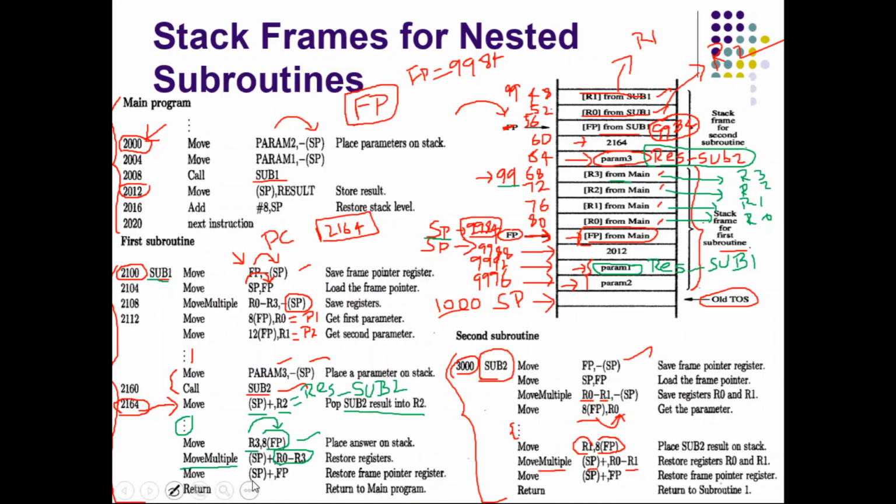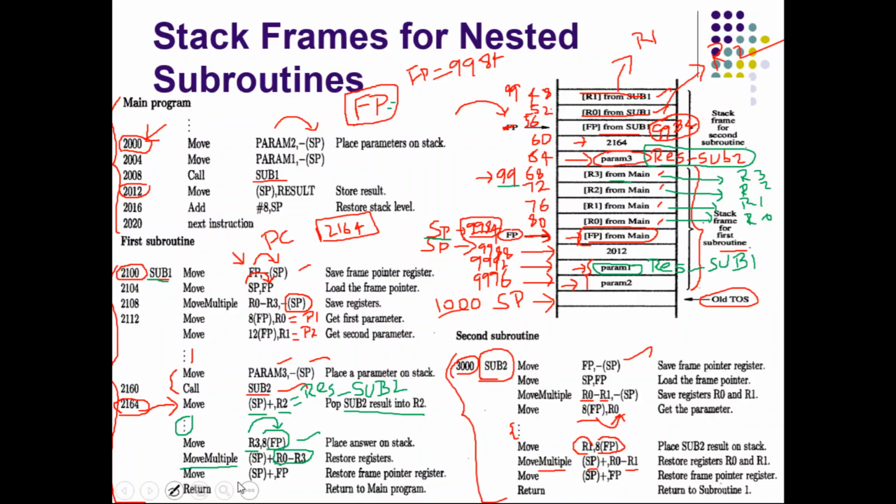Then again, this frame pointer also should be restored, because now we are going to return control. The control is going back to the main program. So after entering the main program, the frame pointer should have whatever its original value was when the main program was executing. So what we are doing is move SP plus FP.